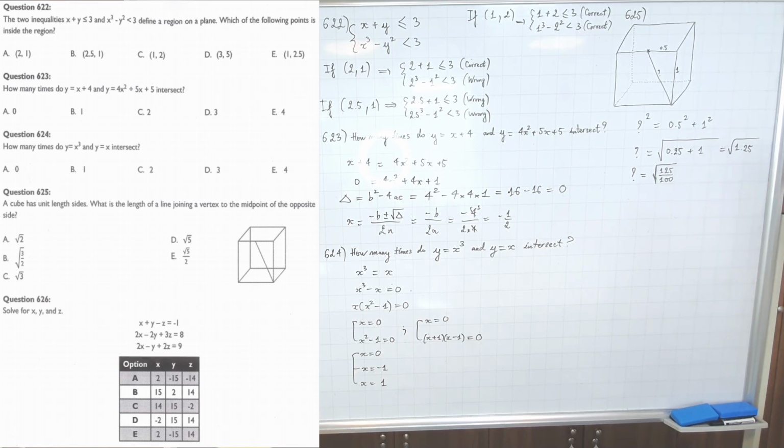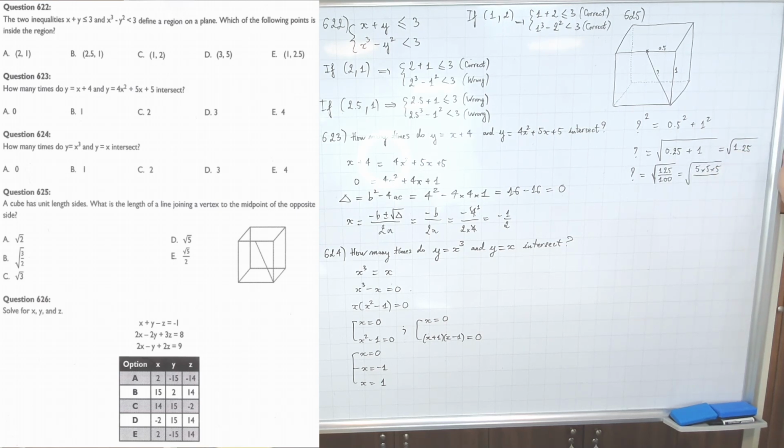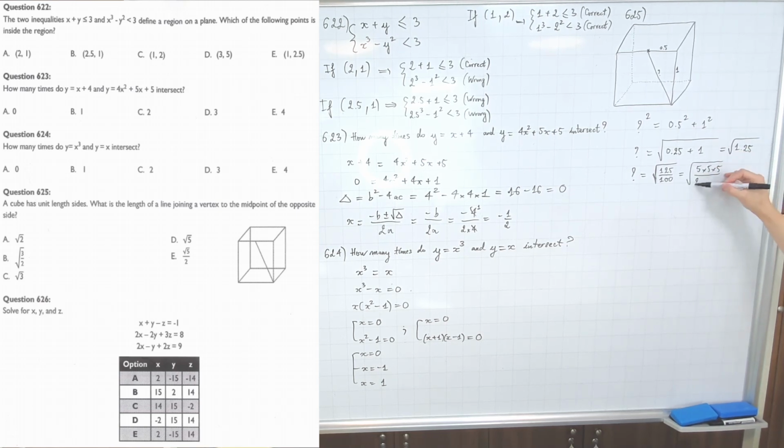So 125 is 5 times 5 times 5, and 100 is 2 times 2 times 5 times 5, or 4 times 5 times 5.